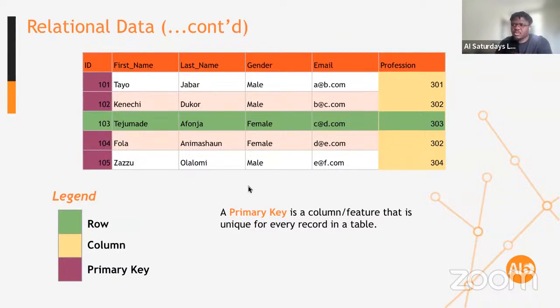That is what tells you that the second Tayo Jabar is different from the first Tayo Jabar, because the ID is unique. No two records can have the same value of the primary key in a relational table. Do you understand? So that's it about rows, columns, and primary keys.